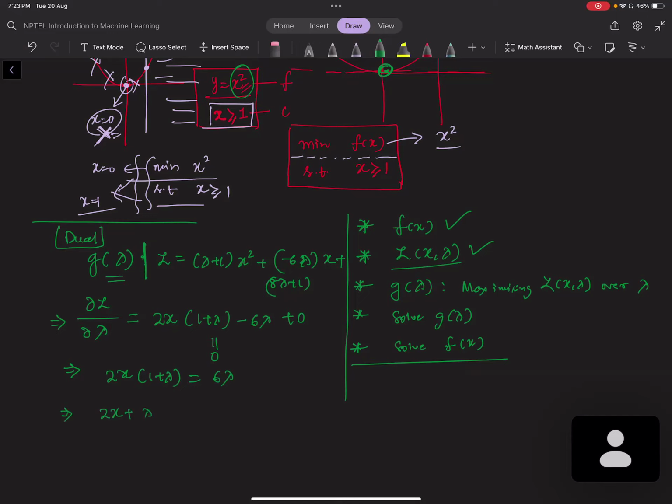That is, 2x plus 2x lambda equals 6 lambda. So x equals 3 lambda by 1 plus lambda.